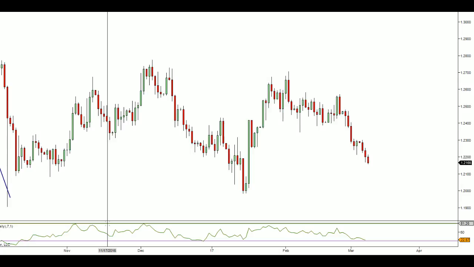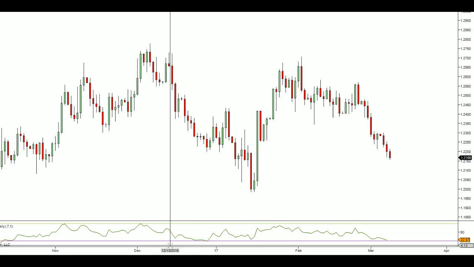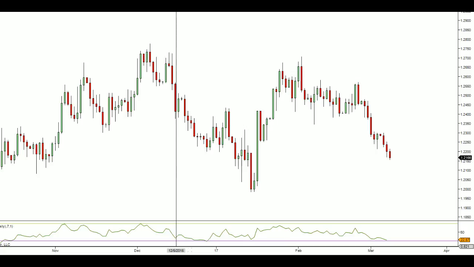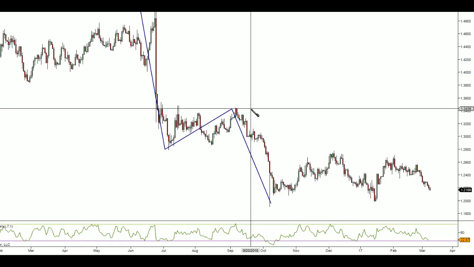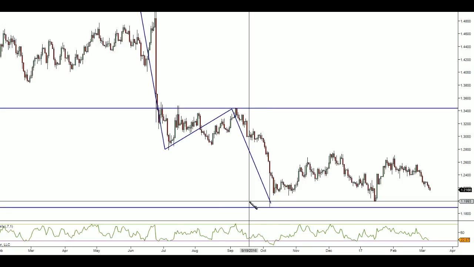Zoom in. And what we can see, let me highlight that area real quick. So we've got here and here.